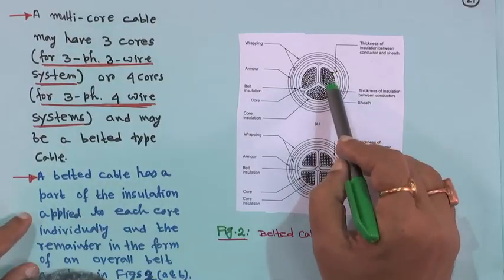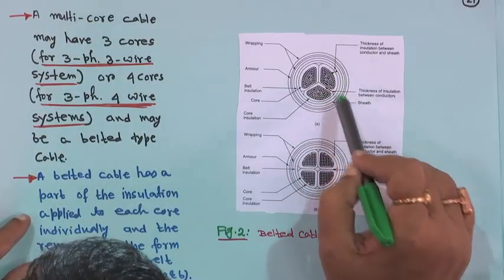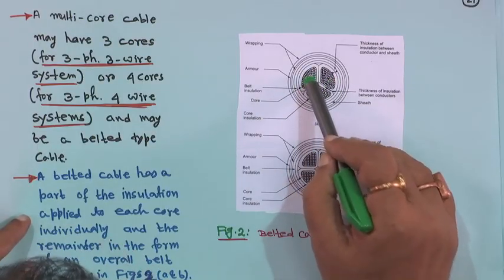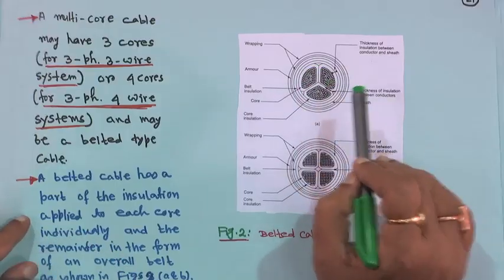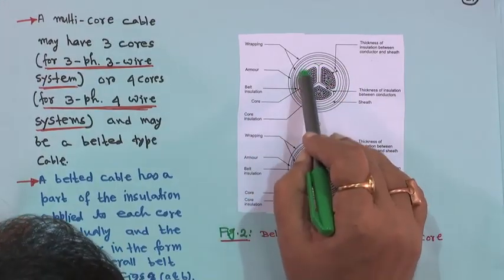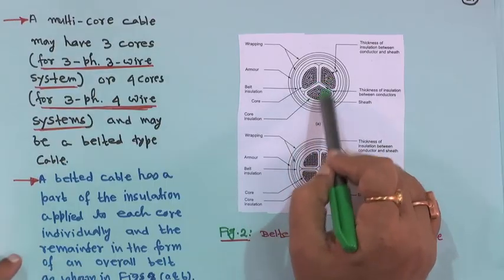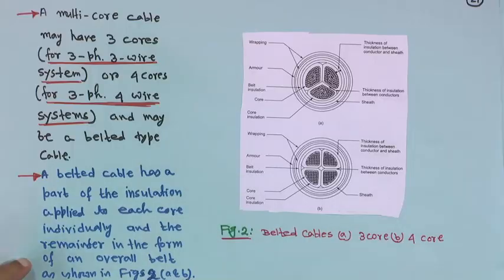Here, so many things are there. If you look into this, this is the core, the conductor, and inside that the insulation is there, and then the belt insulation is also there around all these things. There is individual insulation between the cores, and then around all these cores you have the insulation.